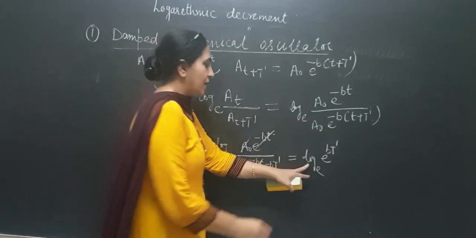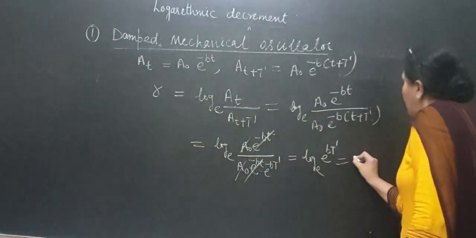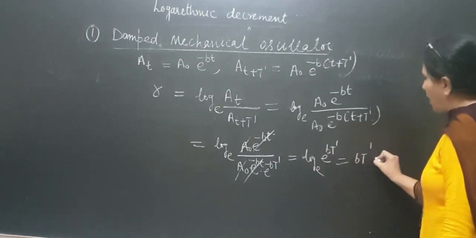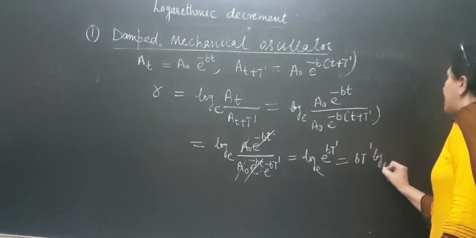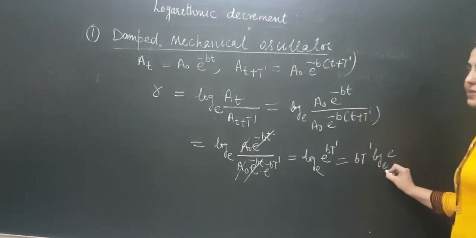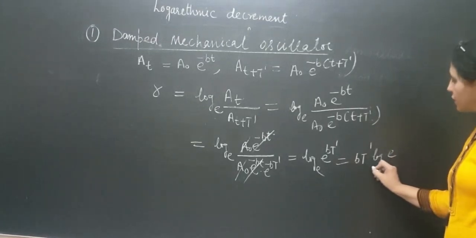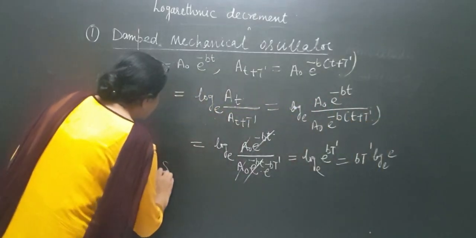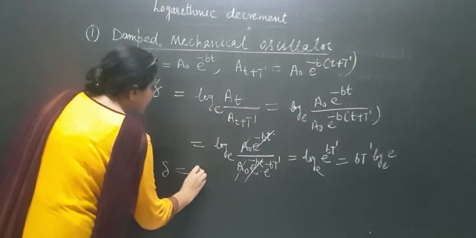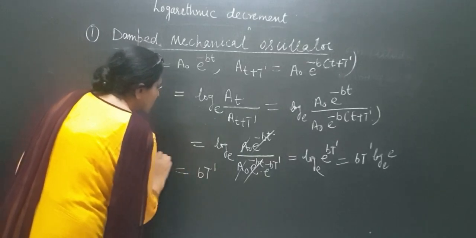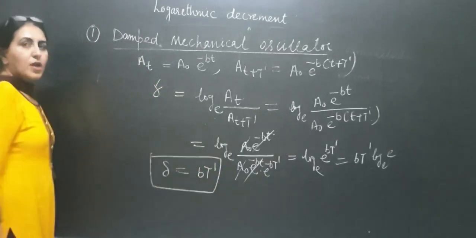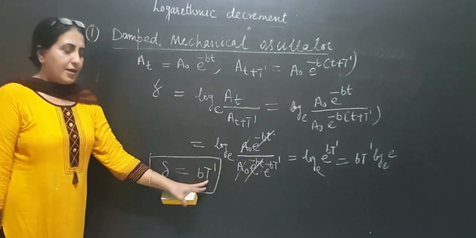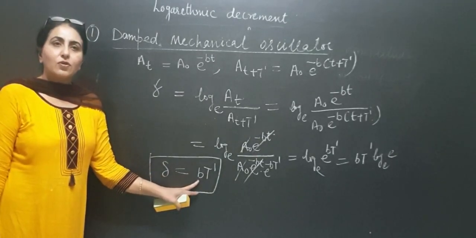This is equal to bT dash times log of e base e, and log of e base e is equal to 1. So delta is equal to bT dash, where T dash is the time period and b is the damping constant.